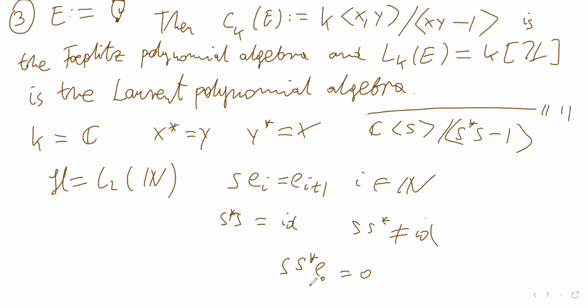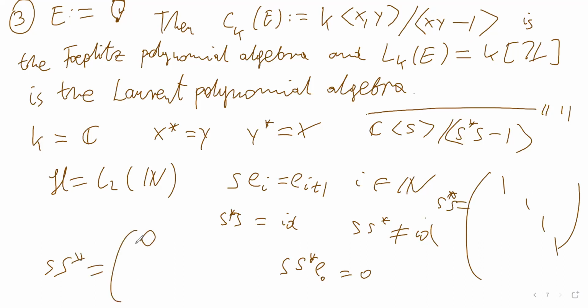So SS* e_0 is still 0. Okay, so it's not 1. It's simply a projection. If you want it in matrix form, S*S is the identity matrix, but SS* is the projection which has 0 here and 1 everywhere else.